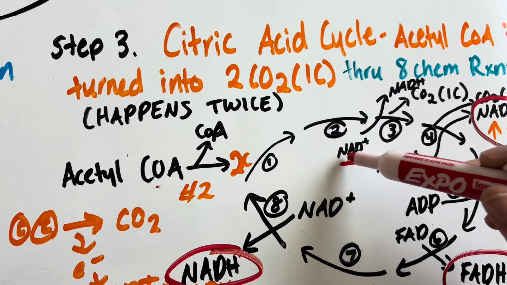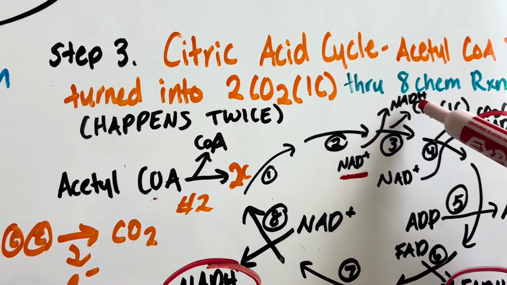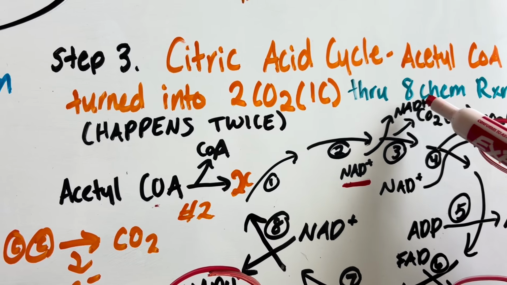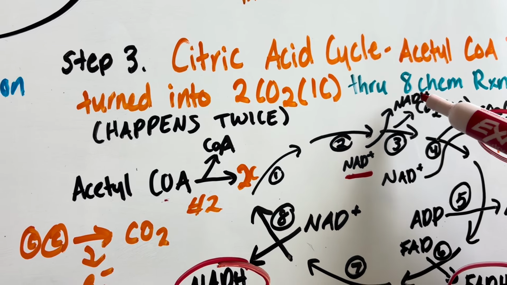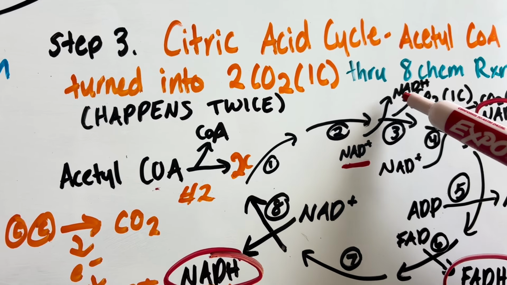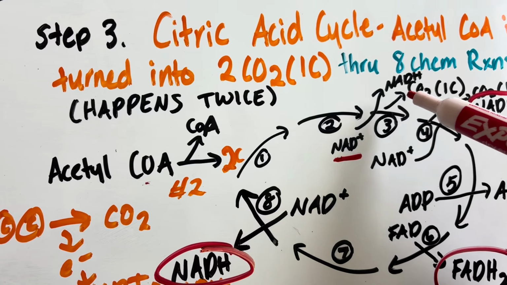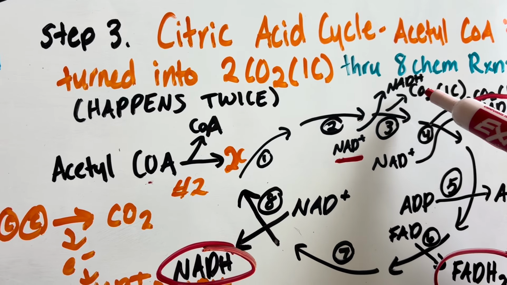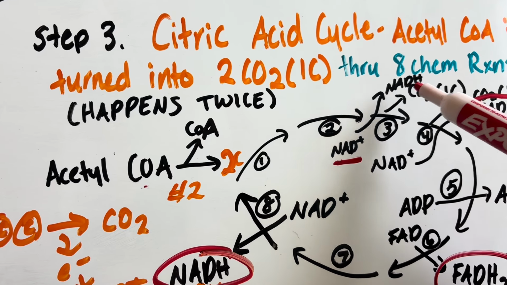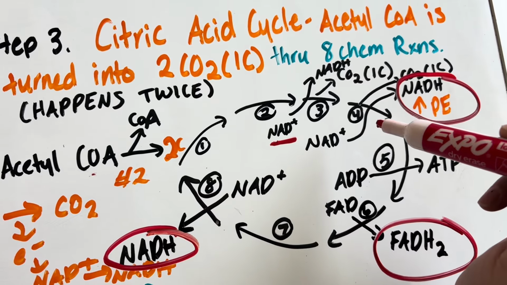This NAD+ is gonna gain that electron, and it's also gonna gain a little proton, which is that H. And so it gained an electron, it gained that little proton, and it gained a lot of potential energy. So this molecule is a lot higher in potential energy than this molecule. So we lost an electron, we oxidized into CO2, and we gained an electron, and we reduced to get this NADH.